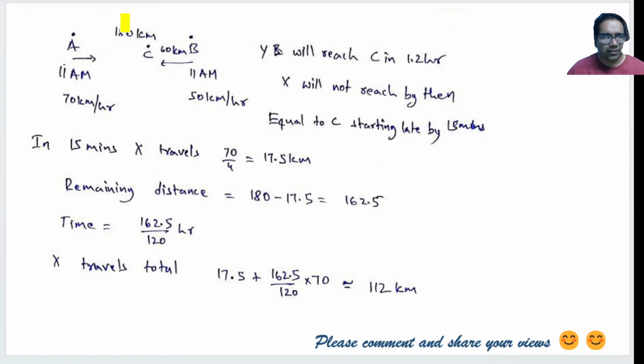So effectively, in this time, Y has waited 15 minutes because we started 15 minutes later. Right, that 15 minutes we have covered in terms of X's distance. Right, X which has traveled 17.5 kilometers in those 15 minutes. Right, guys. Thank you.